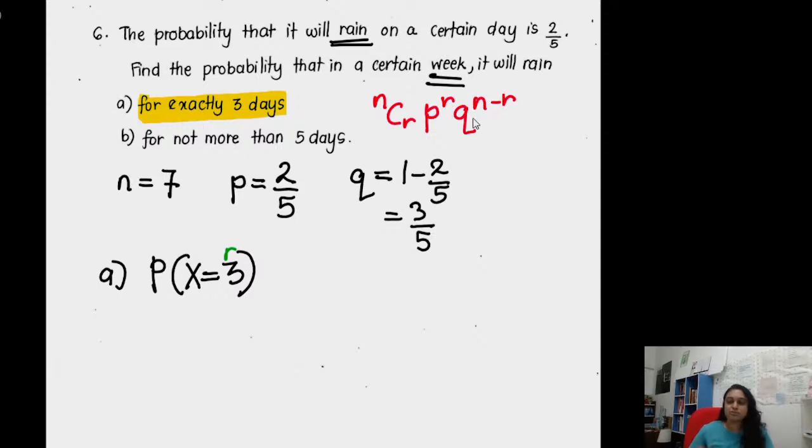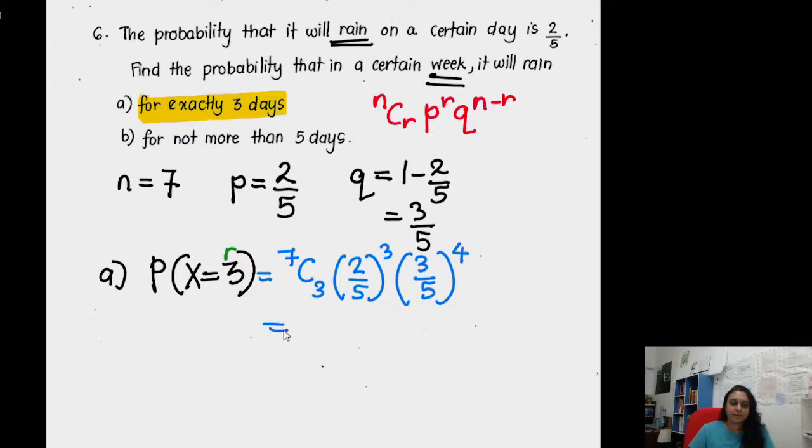Until you memorize, you just keep writing the formula. Automatically you will start memorizing. Okay. N is 7, C 3, P is 2 over 5 to the power 3, Q is 3 over 5 to the power 7 minus 3, which is 4.